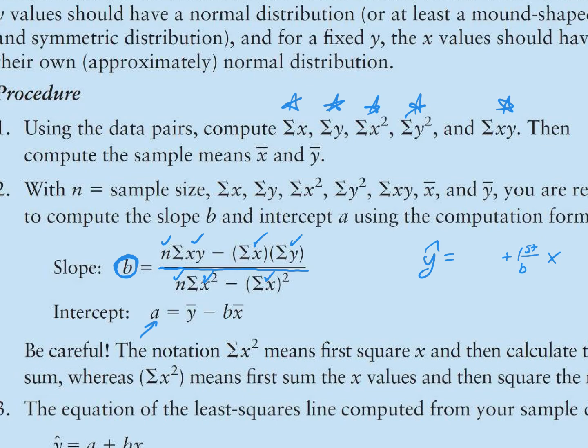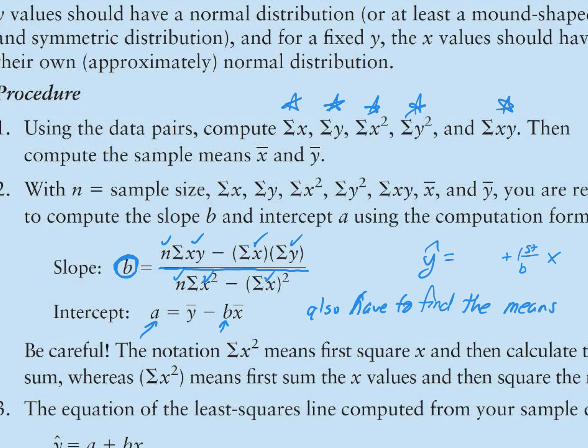The reason we have to find b first is because notice in the formula for a, the b is used. So what you find in that first step, b, is going to be used in the second step to find the y-intercept. Does anybody know what y bar and x bar are? Those are the means. So we also have to find the means.